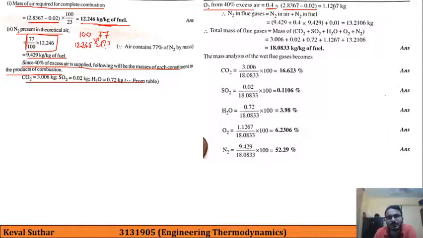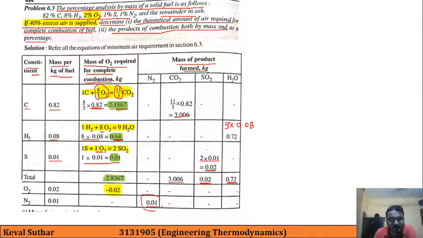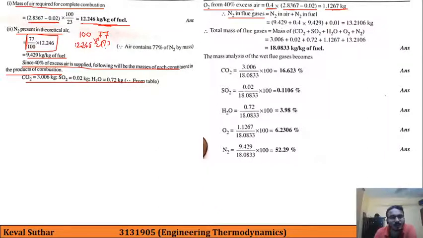So this is the excess oxygen that we have. For N2 in flue gases, one N2 was available here, that is 0.01, and we calculated the nitrogen present in theoretical air, plus we need to count the nitrogen in the 40% excess air. This portion is for theoretical air, this for the excess air nitrogen, plus this which was present in the solid fuel. So in flue gases we will have 13.21 kg of nitrogen.